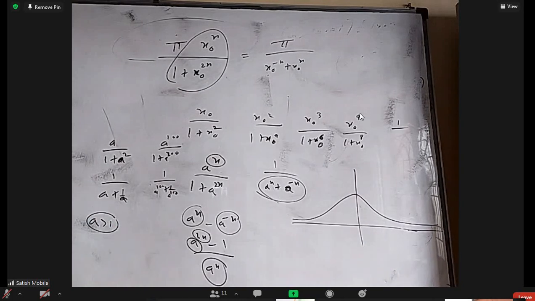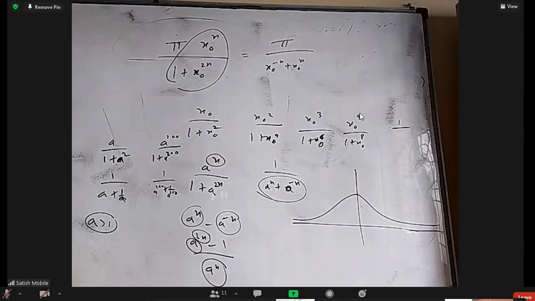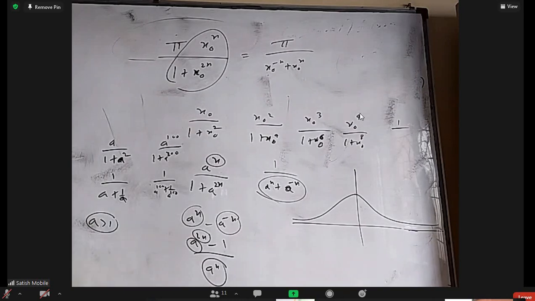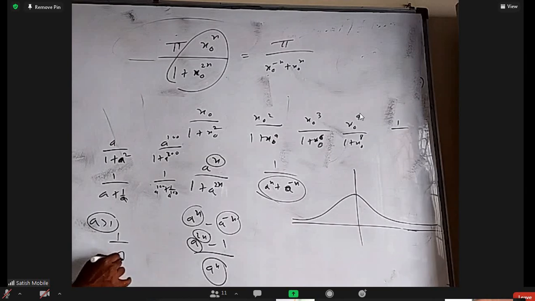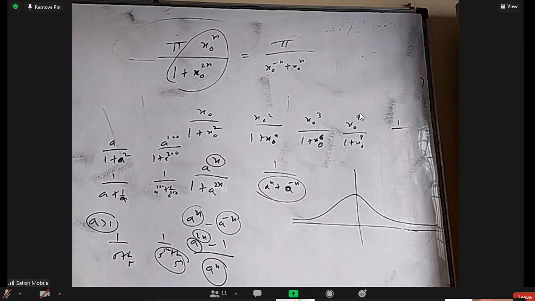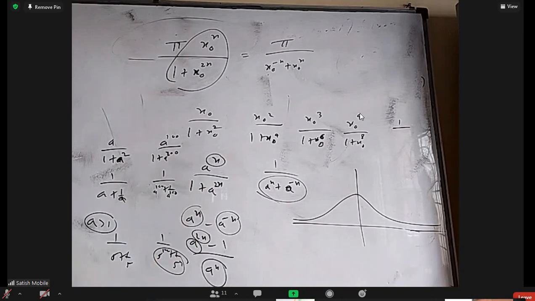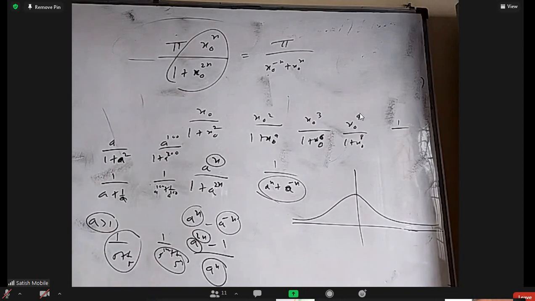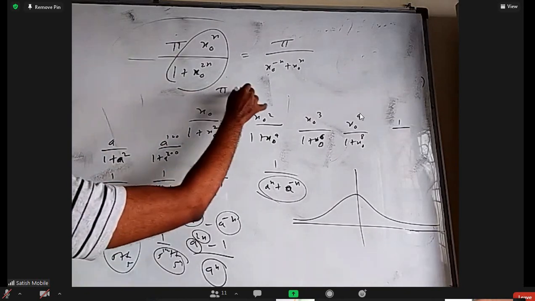We take a more than 1. We take a equal to 1, all are equal. We take a more than 1, let's say 5. This is 1 by 5 plus 1 by 5. That is 1 by 5 power 100 plus 1 by 5 power 100. This is very big compared to this. So this decreasing to 0 with some higher value. That means this value is decreasing from pi to 0.